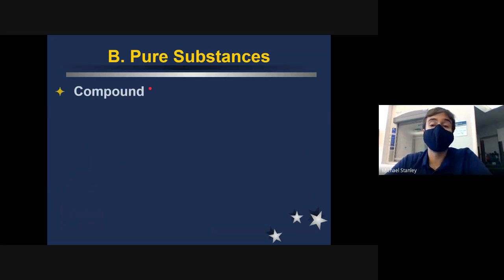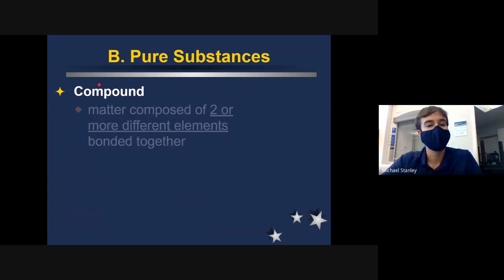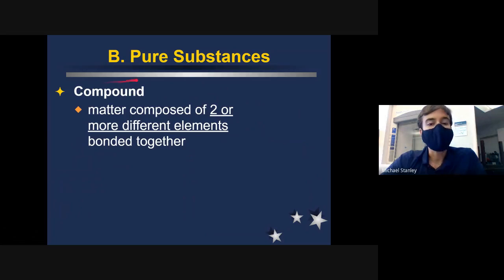So next up, we have what happens when you don't have all the exact same atom, but you have different atoms that are bonded together. They've made an ionic bond or a covalent bond with each other. In that case, we have a compound. So a compound is what you get when you have two or more different elements that are bonded together.